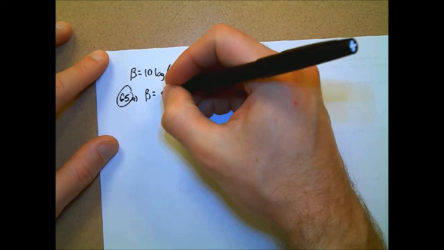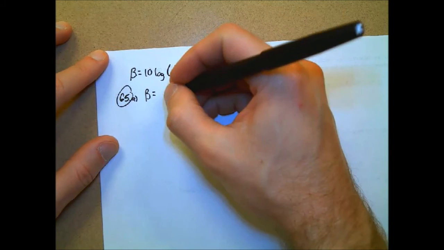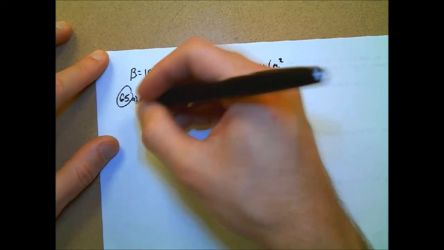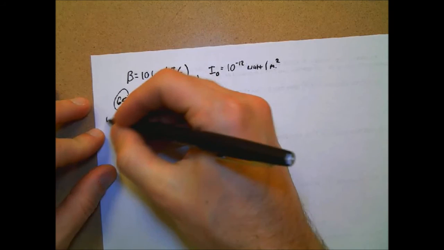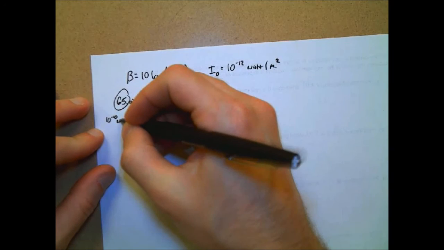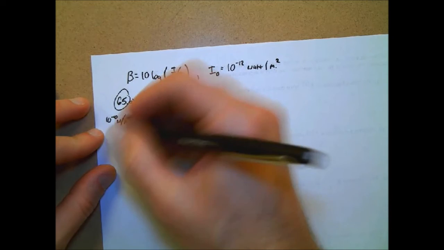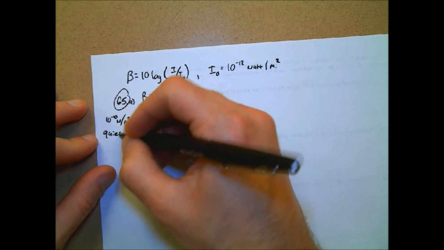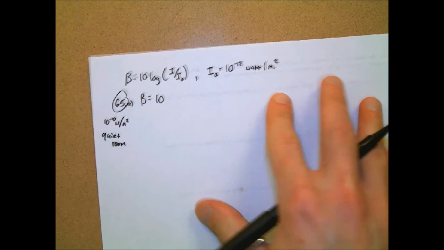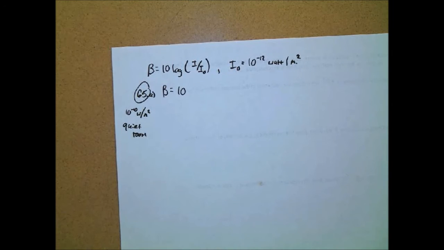Let's see here. And again, for A, this is the quiet room, which is 10 to the negative 10 watts per meter squared. So we'll just plug in our values here and see what the decibel level is.